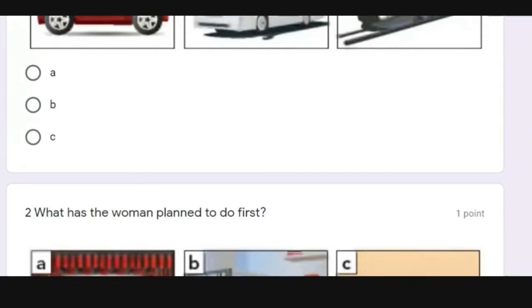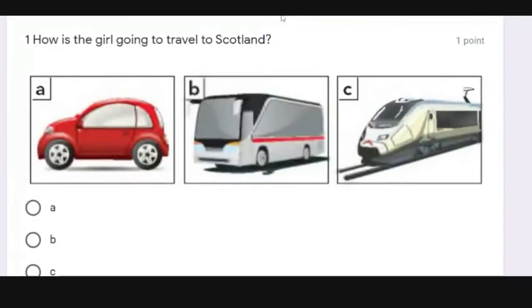Listening, Unit 8, page 100, C. 1. How is the girl going to travel to Scotland? So have your parents decided how you're going to travel to Scotland yet? Well, I think we'll probably take the train, because we can sleep on the train overnight.